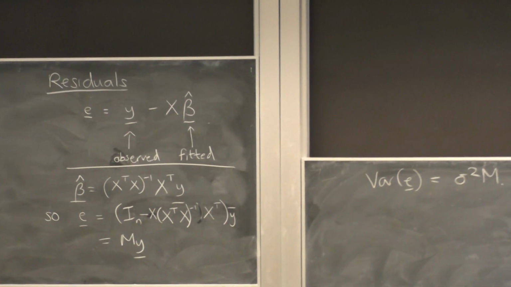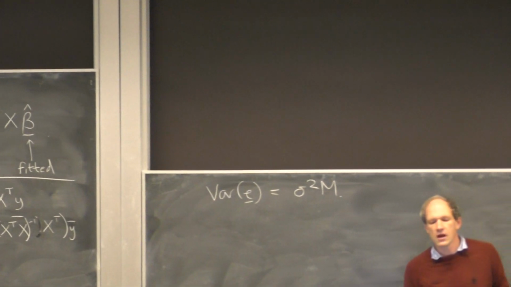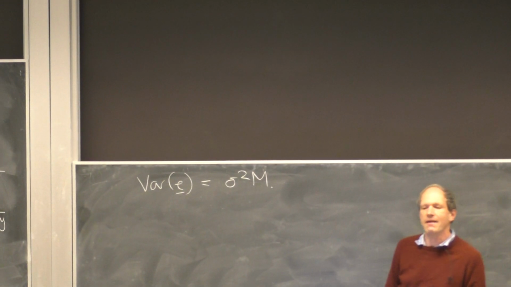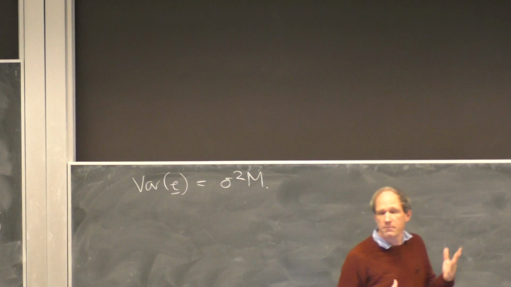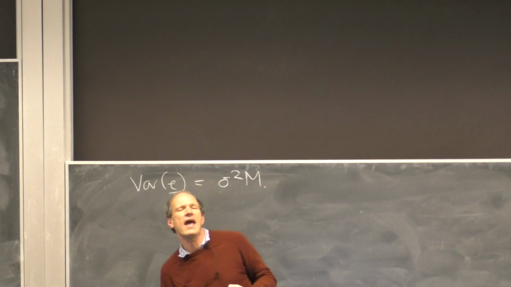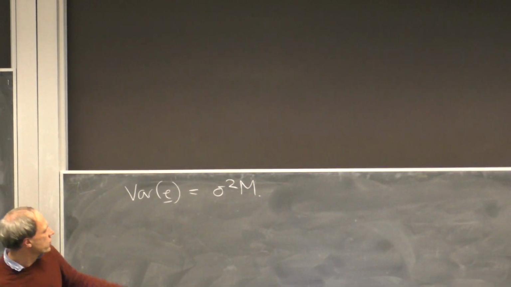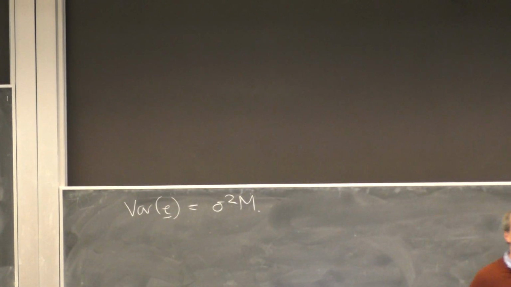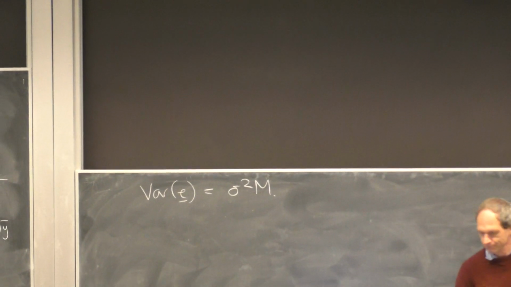Okay? Now, if a random variable has mean 0, then its variance is the same thing as the expected value of its square. Okay? And that's because of the way we define variance. So the mean is 0, the variance is simply the expectation of the square of the random variable. So we can actually say that those diagonal elements of sigma squared M are the expected values of the squares of the residuals.